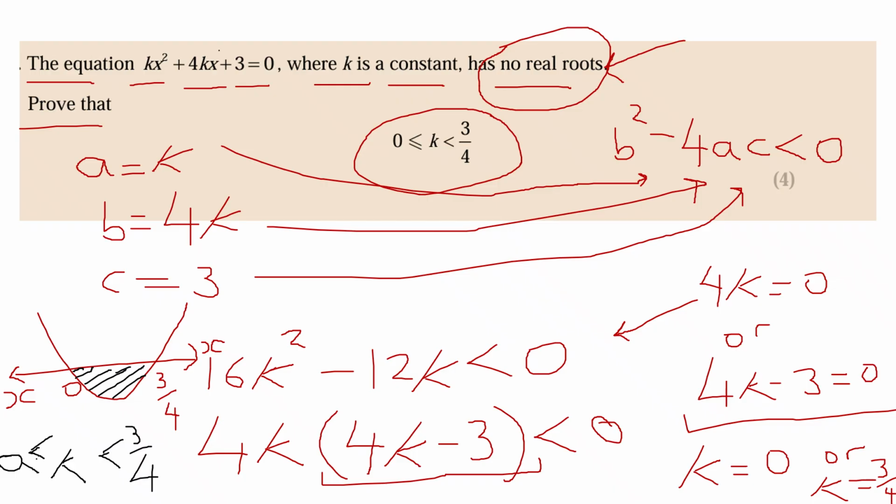Technically, the inequality from the sketch should be just greater than 0 and less than 3/4, so we shouldn't really have that inequality sign. But if k is equal to 0, then I don't actually have a quadratic, so again, that will still be below the x-axis, if that makes sense.